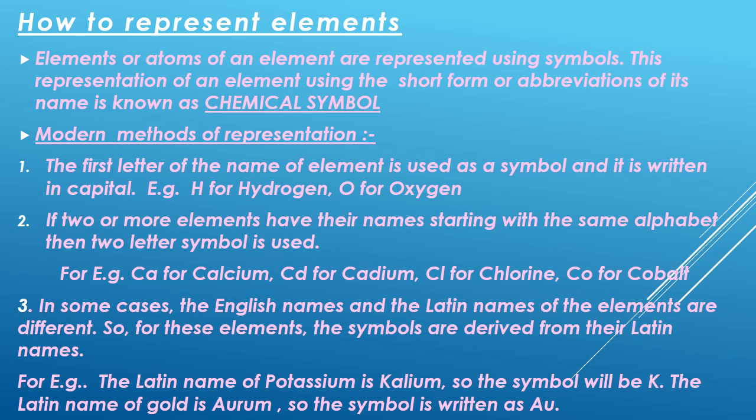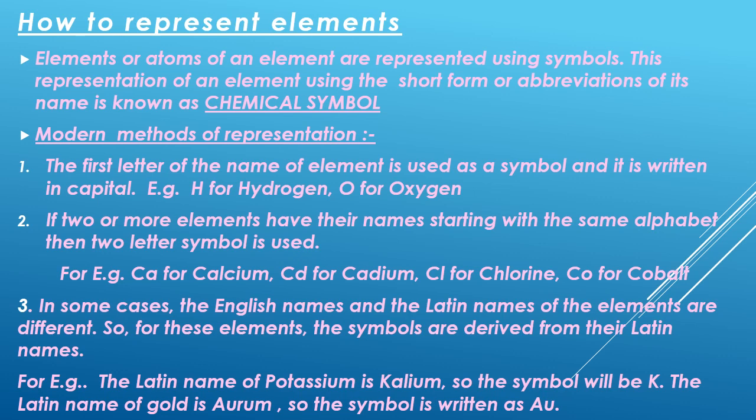Now, it was not possible every time. So, a new modern method of representation was discovered, which included the use of symbols. Now, what is the modern method of representation of an element or an atom?